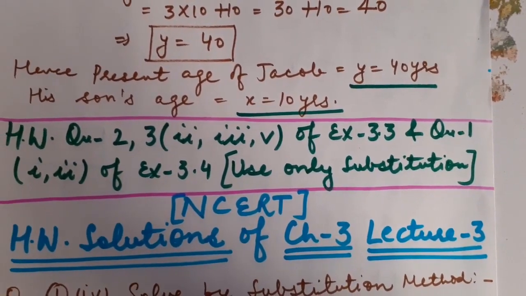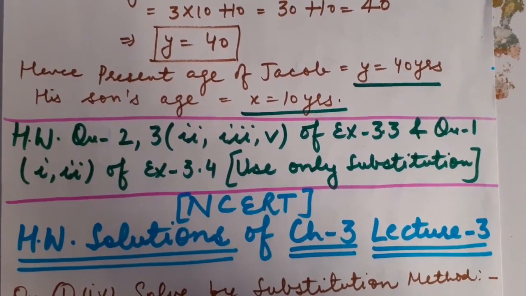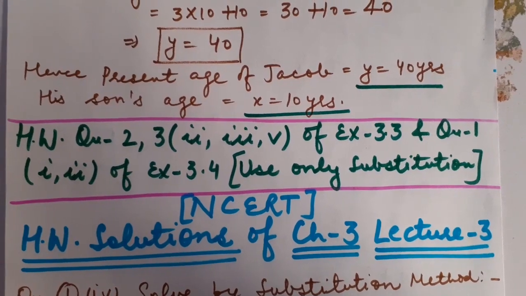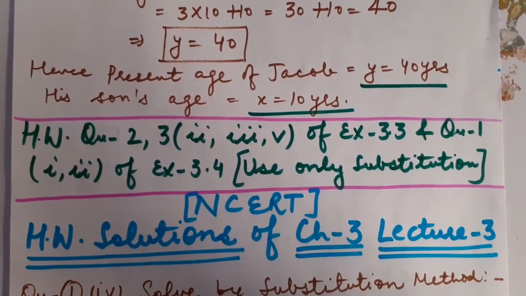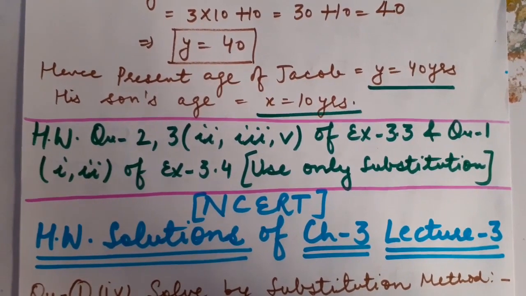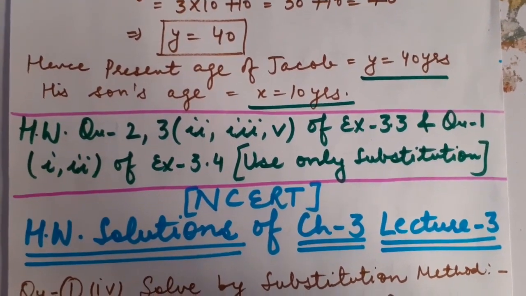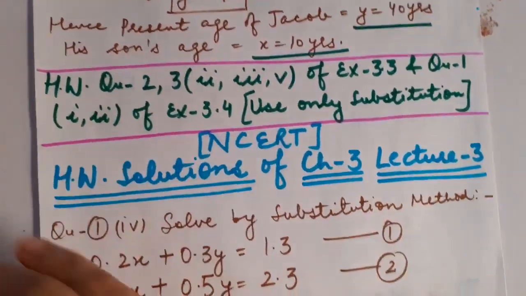And question number 1, first part and second part of exercise 3.4. In exercise 3.4, basically you will be having some pairs of linear equations given and both the methods are asked to apply, elimination as well as substitution, but you have to do only substitution method because this concept I have taught you till now, right?